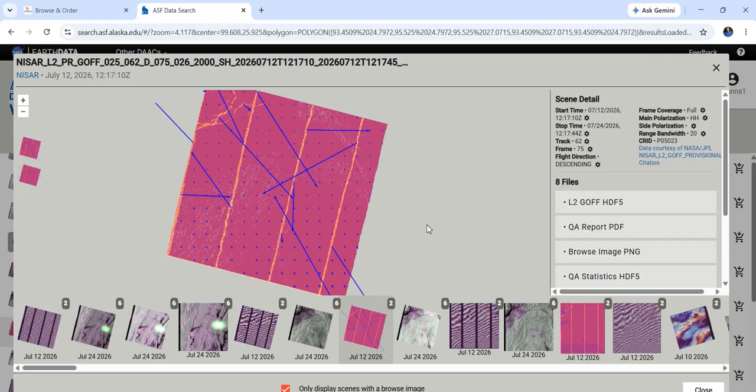But when you go for a landslide, it's not a smaller thing. It occurs very fast. So with this GOFF, instead of measuring the phase difference, GOFF will estimate the displacement by tracking the image offsets.